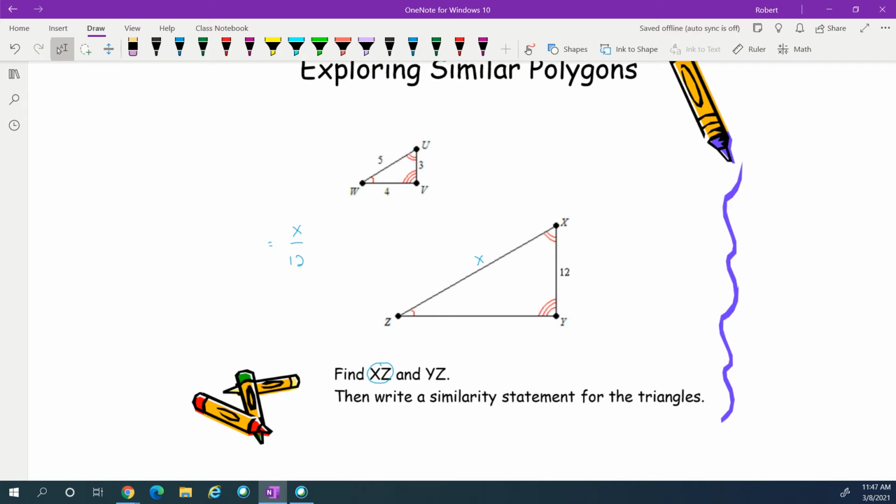I'm going to match that with the corresponding parts from the first triangle. X connecting angle 1 to 2 corresponds to 5. So that's going to go in the numerator. The denominator was 12, so the corresponding part is 3. And of course, we can cross multiply and solve it.